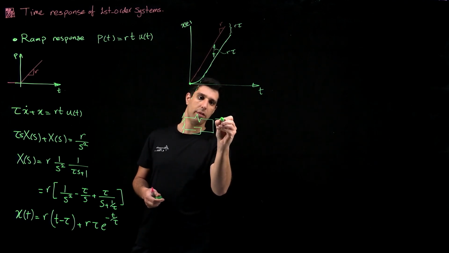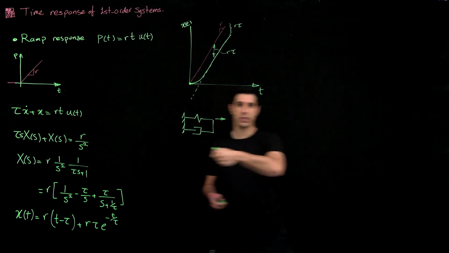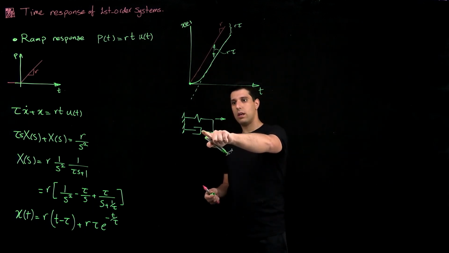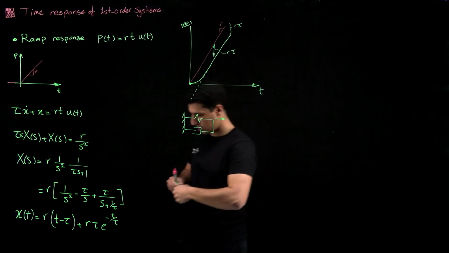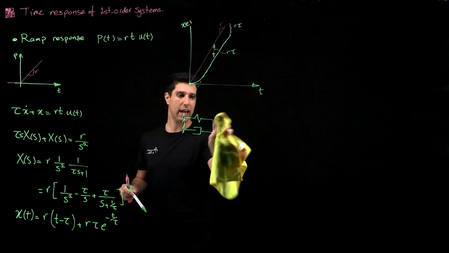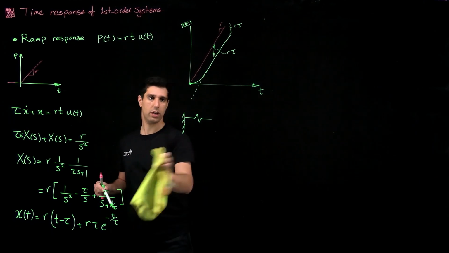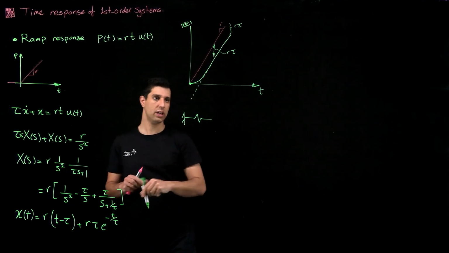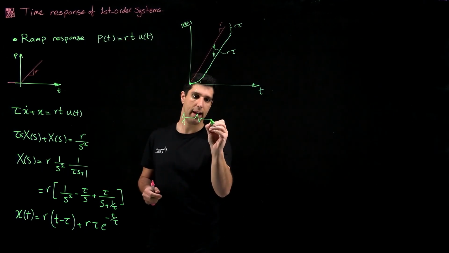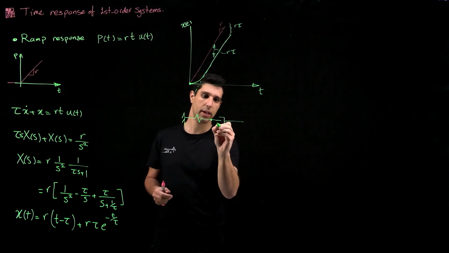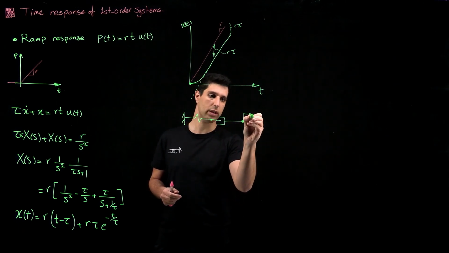So if I apply a force and I keep increasing my force, well, maybe this is not the best mechanical thing to think about. Think of it this way. I have a spring attached to a damper. Now I start to pull this.